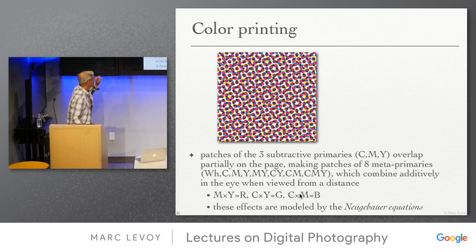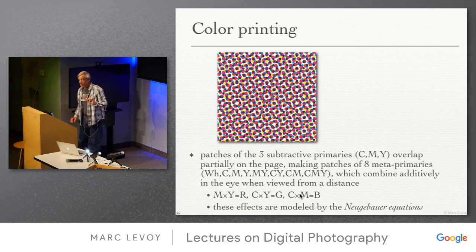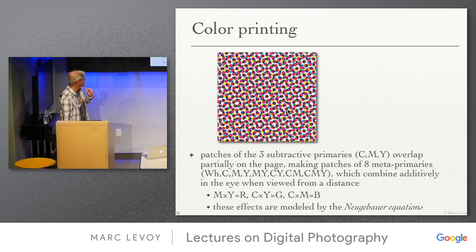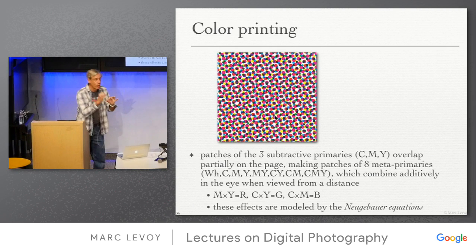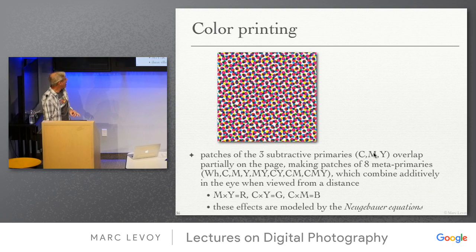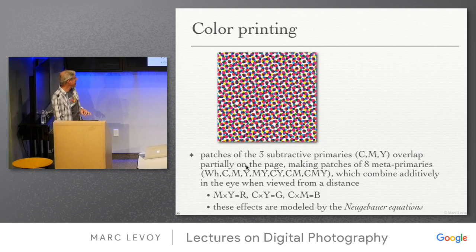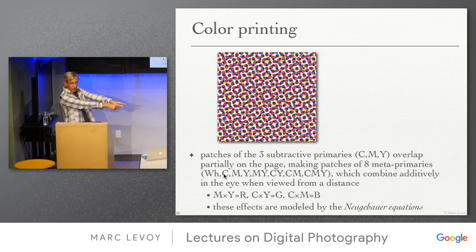Last slide, let me just point out how printing works. Printing is actually a combination of both of these, because you lay down little dots of ink in a halftone printing system, and the dots of ink layer one on top of the other and do subtractive mixing within each dot, or overlapping dots. And so with CMY, they will overlap partially on the page, making patches of meta-primaries, which then include red, green, and blue, just as I showed with the filters.